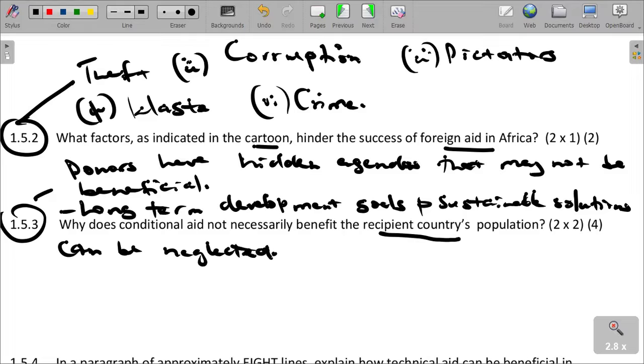Therefore, we can have problems in achieving what? In benefiting from the donor.